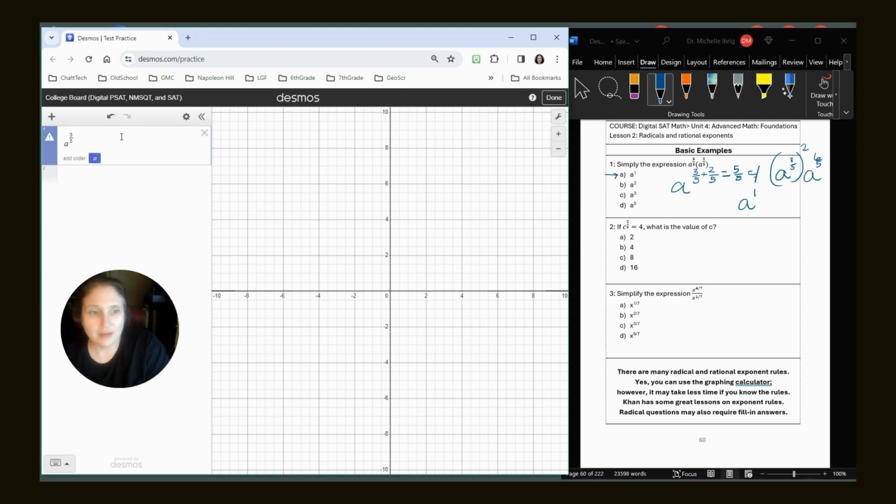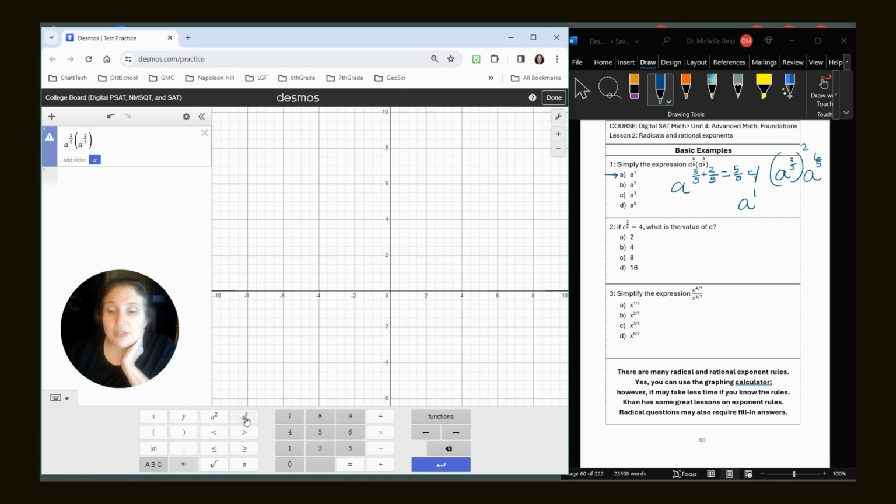Then I'll use my arrow key to get down, add parentheses, and put A, Shift 6 to get my exponent, and 2/5. If you don't want to use the keyboard shortcuts, like I'm obsessed with keyboard shortcuts, you can go down here and use the A to the B power tool. But if you watch my videos, you'll get used to using Shift 6 and it's going to save you time.